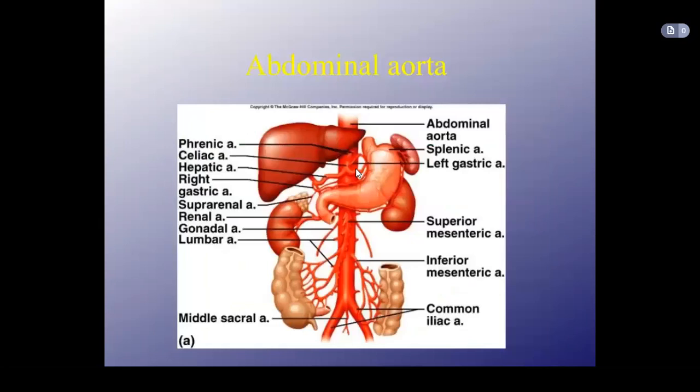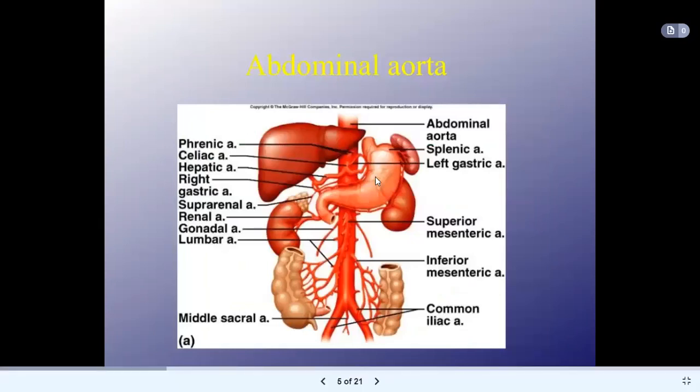So again, here we see the digestive system and the abdominal aorta. In our previous lecture, we talked about the splenic artery that goes to the spleen. We talked about the left gastric artery and the right gastric artery, how they supply the lesser curvature of the stomach.